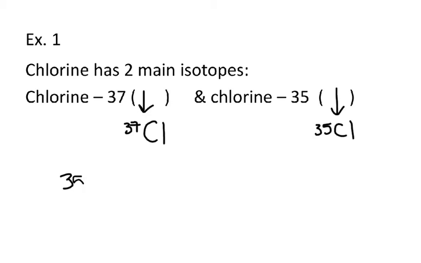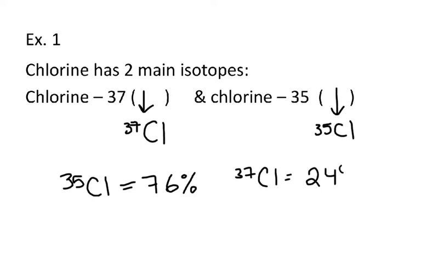So chlorine-35 is present in about 76% abundance, whereas chlorine-37 is present in only 24% abundance. That means out of 100% of the samples of chlorine, 76% are going to be chlorine-35, whereas only 24% are chlorine-37.